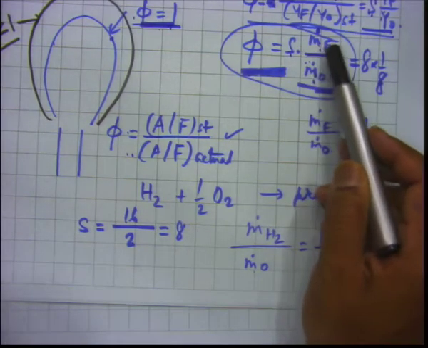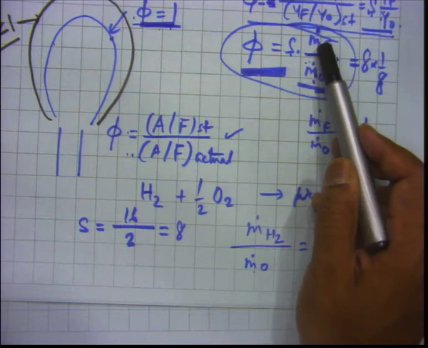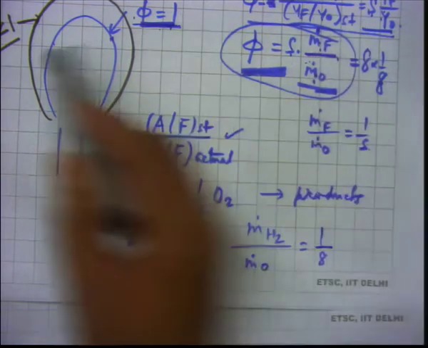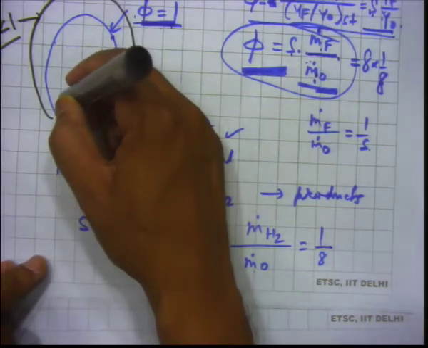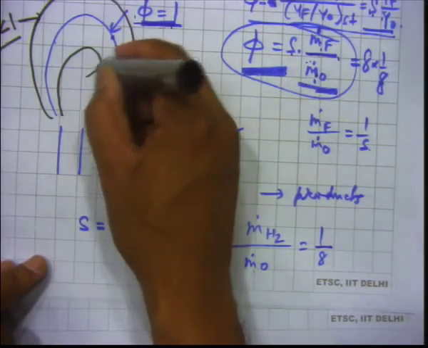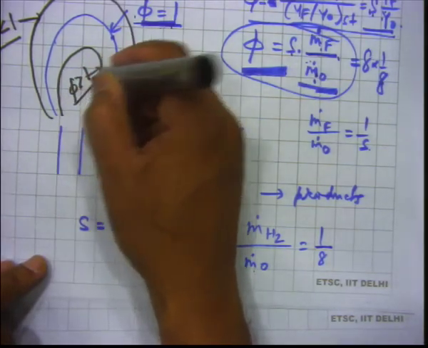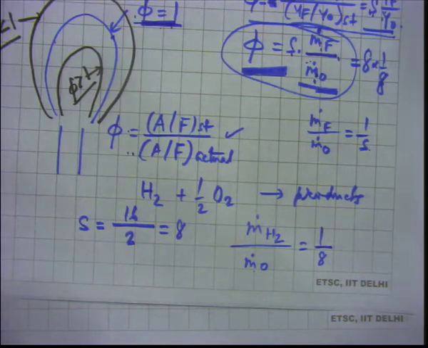S is 8 and outside the flame will have less value of m dot hydrogen. So, you will have phi less than 1. And if you go inside the flame, of course, you will get phi greater than 1 for a similar kind of argument. Correct?